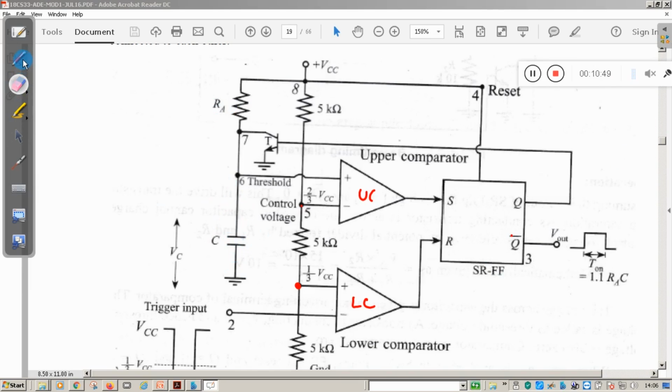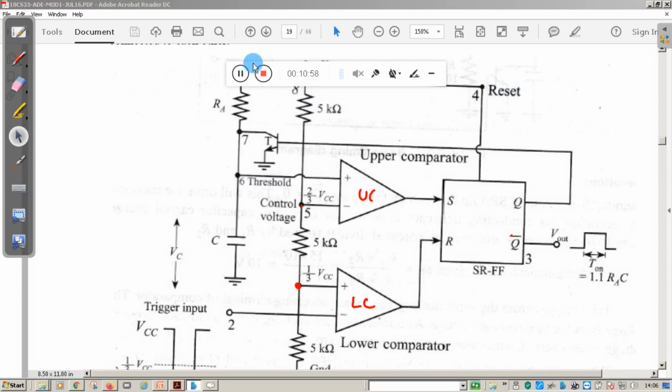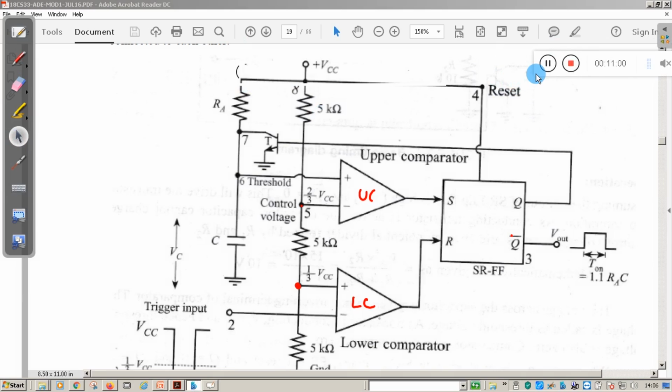Initially, we assume the value of the flip-flop output Q is 1, that is Q bar is 0. Here our output is nothing but Q bar, which is 0.